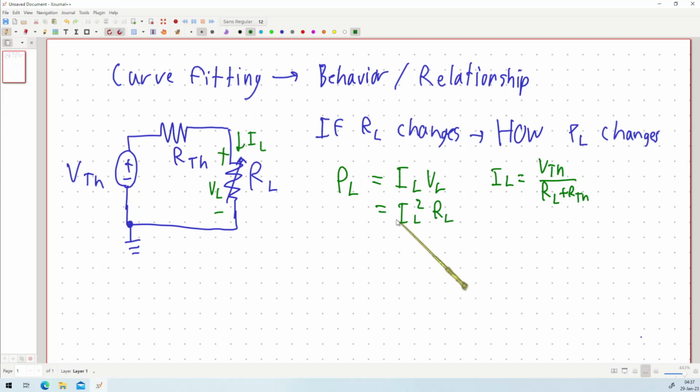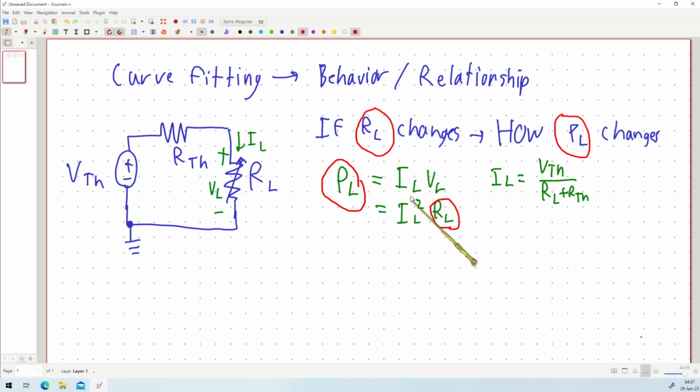And in curve fitting, we would like to know which variable is constant and which variable is changing, or which variables could describe relationships like RL and PL. Right, this is our PL and this is our IL.